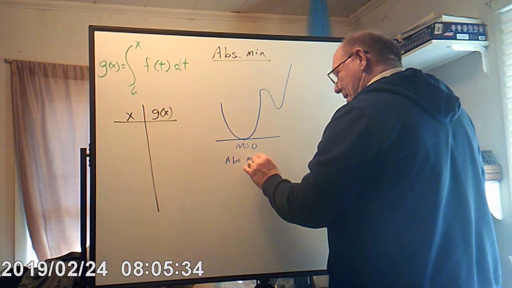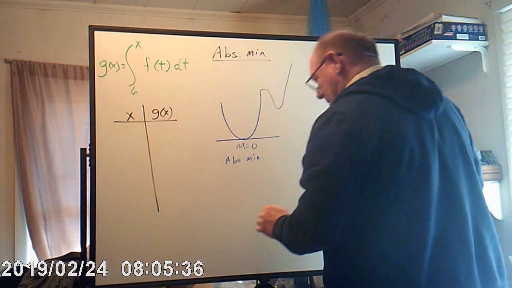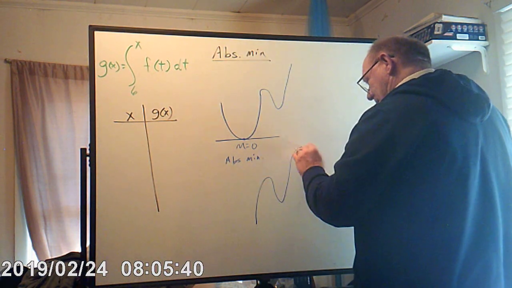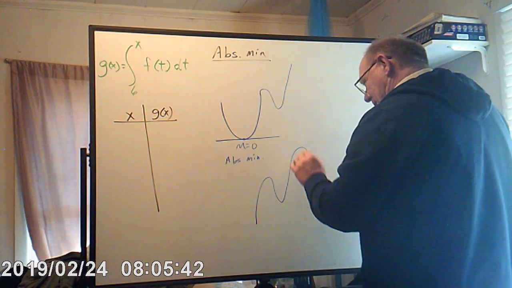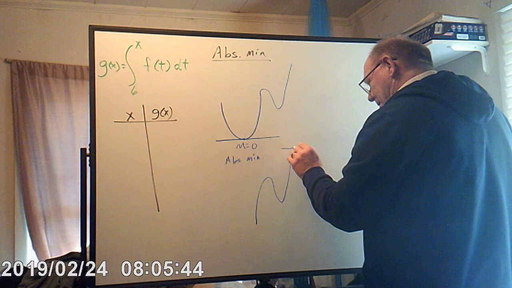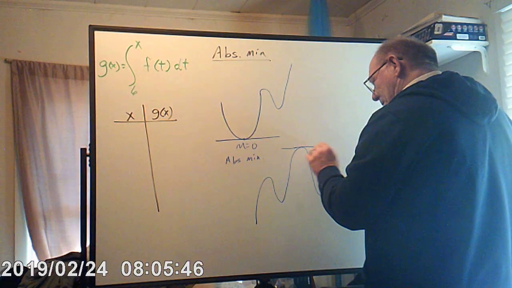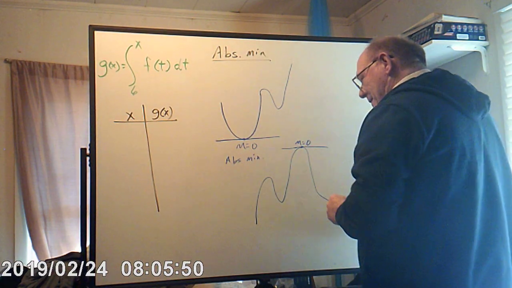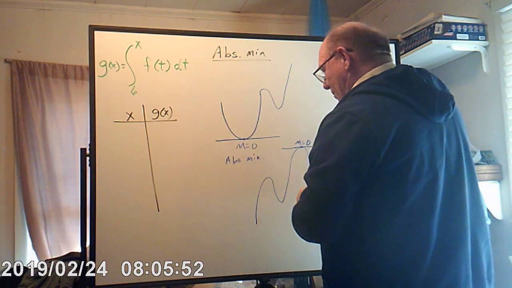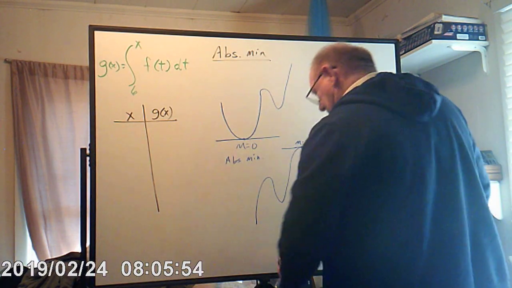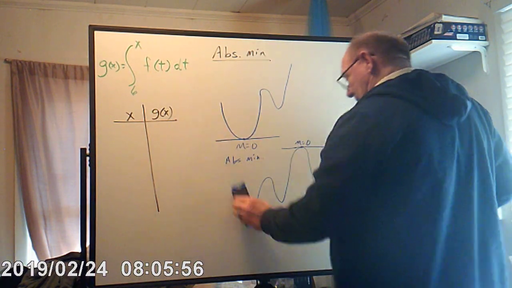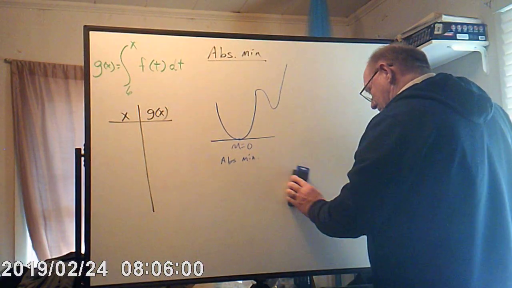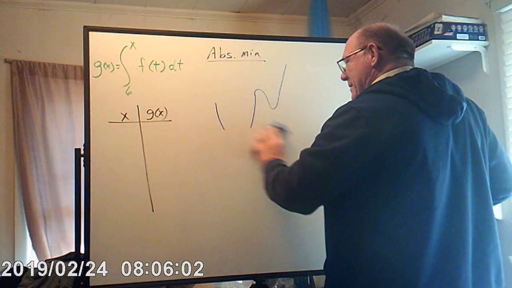An absolute max would look something like this. This would be the absolute max, and its slope there, m, is equal to 0. So that's what you want to do. You want to find the derivative of g. As complicated as that may seem, it's not as bad as it looks.